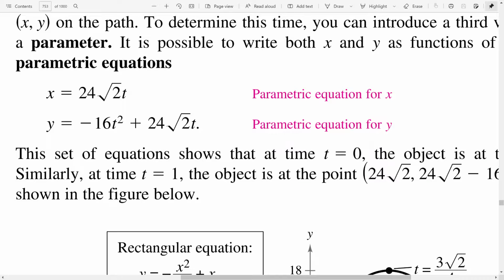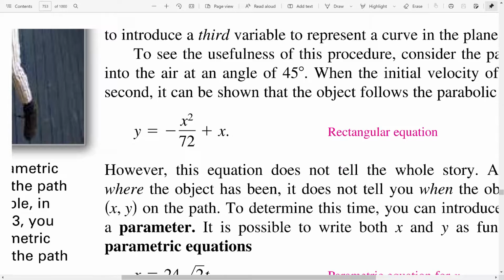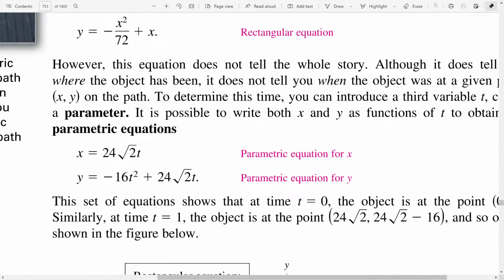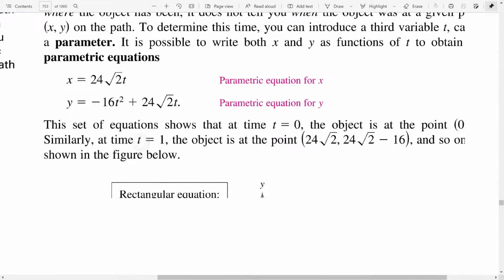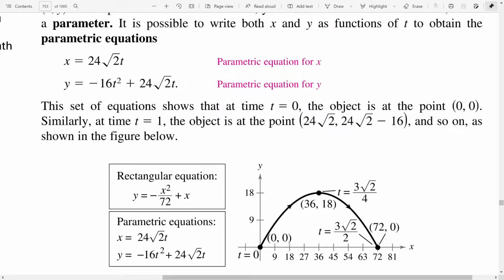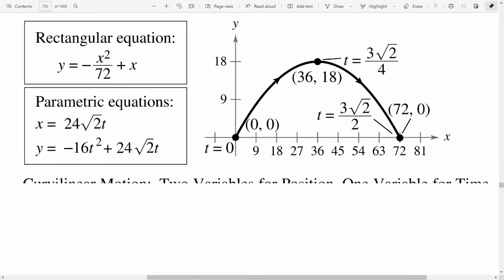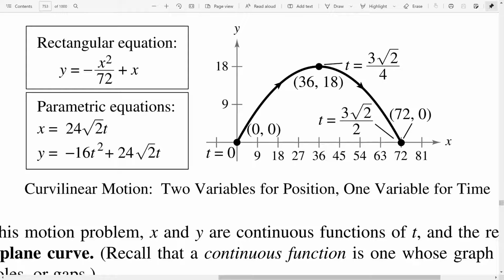It's essentially the same graph as the one for the rectangular equation, but this does describe the movement to us. So this also has a direction. That's why, when you see it graphed, you not only see the shape of the graph, but also those little arrows, because it's telling you the ball is traveling in that direction, if you're talking about a ball or whatever it is.